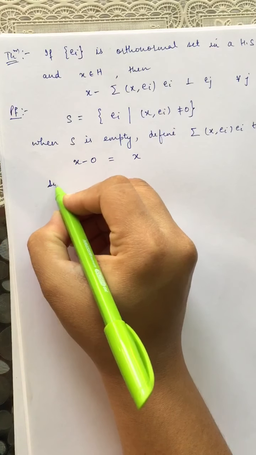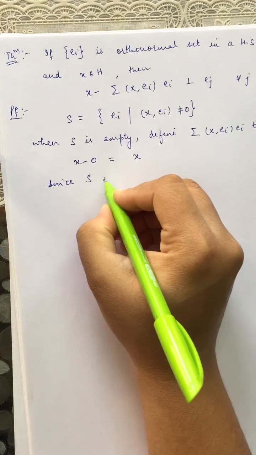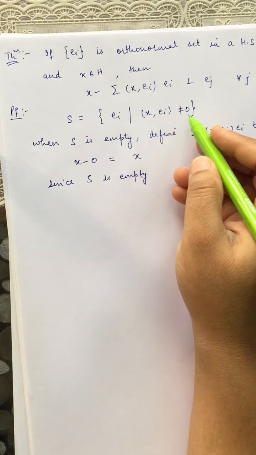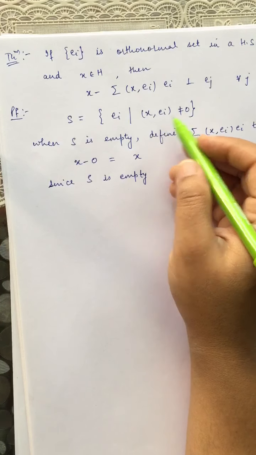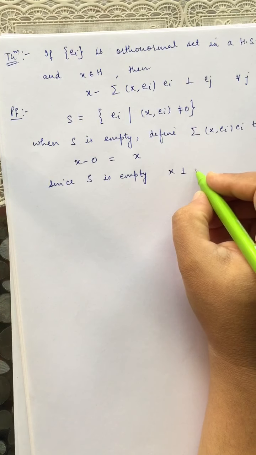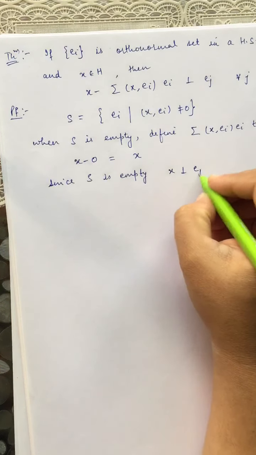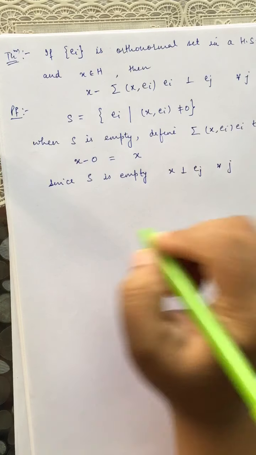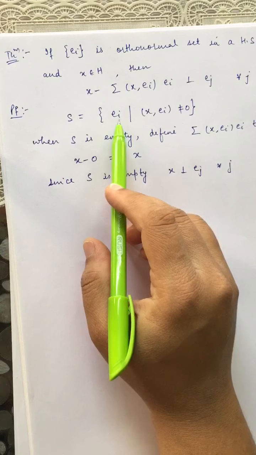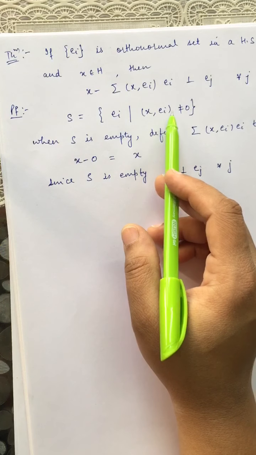And since S is empty, there is no vector e_i for which (x, e_i) is non-zero. That means for every e_i, (x, e_i) is 0. That means x is perpendicular to e_i for each e_i. So we can write x is perpendicular to e_j for each j, because S is empty, so there is no vector e_i to which x is not perpendicular.